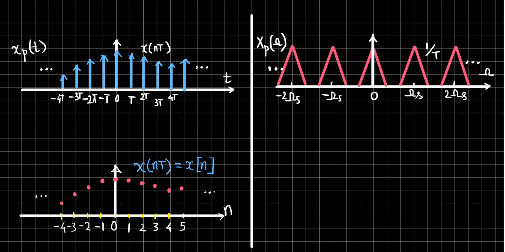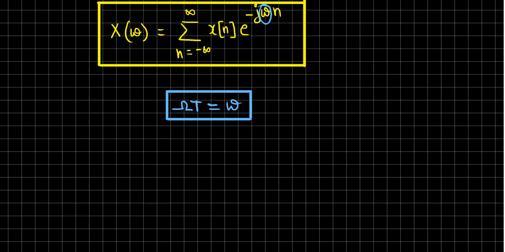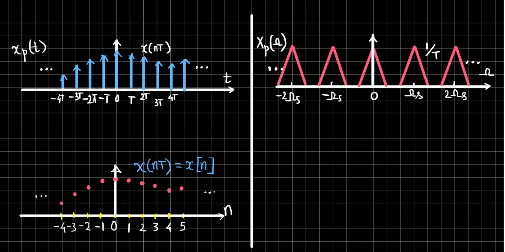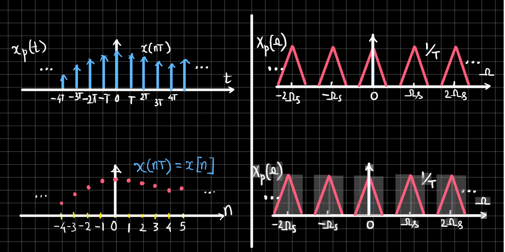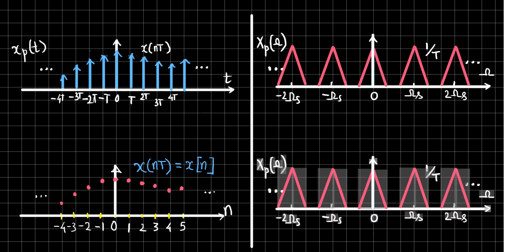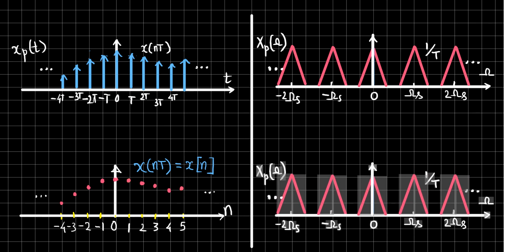Now, as we know the relationship between the omega variable and the small omega variable, we have just derived the relationship, that is omega T equals small omega. The Fourier domain of this x of n is going to be the same, or we would say a similar kind of Fourier domain representation we would obtain for x of n, merely with a scaling factor. So it is going to be a similar kind of representation, but the only change would be the scaling factor.